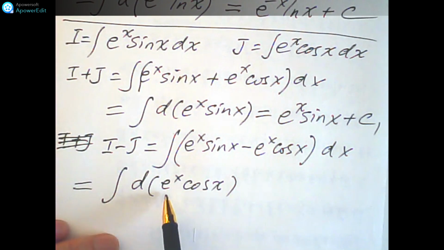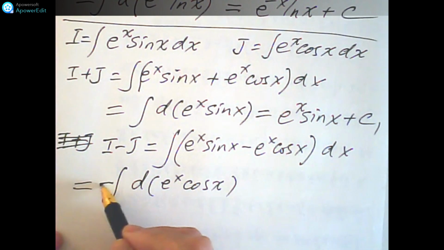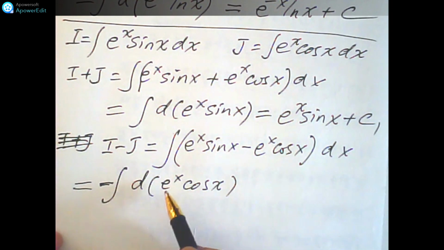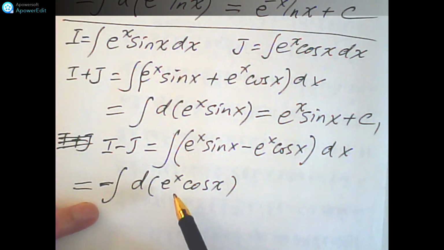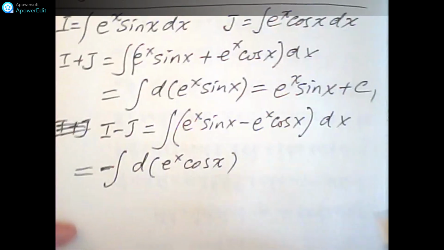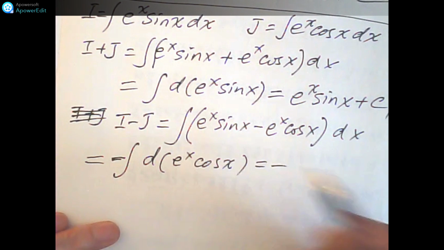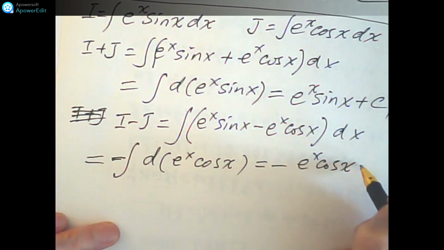The derivative of this times this, and the derivative of cosine is negative sine, so this one is negative, right? Here it's perfect. So this is equal to negative e to the x cosine x plus c2.